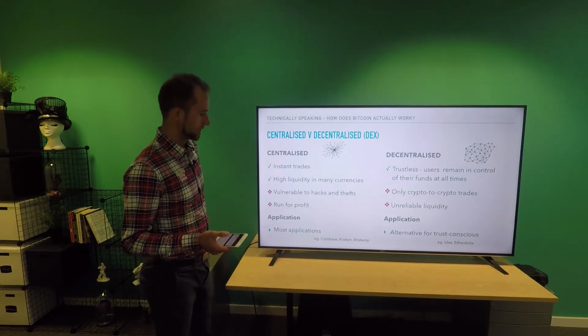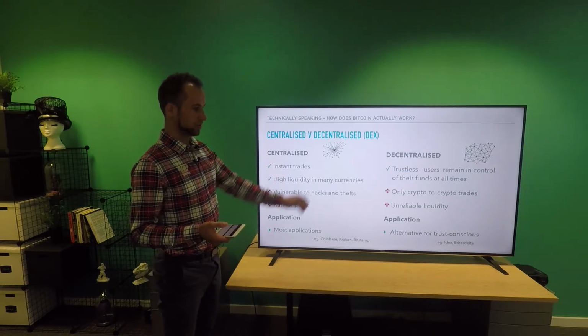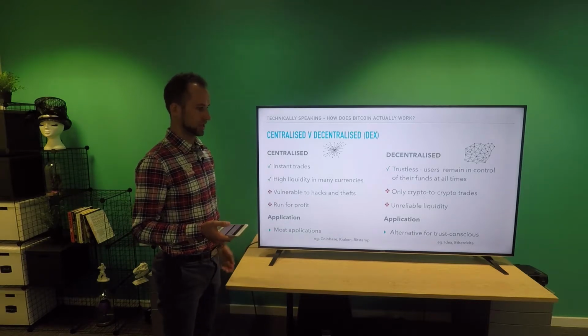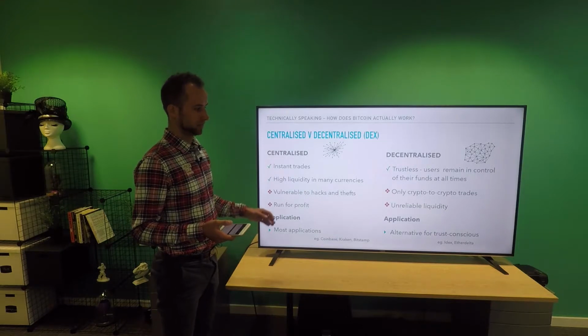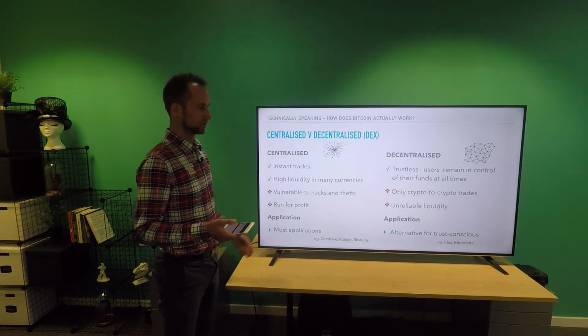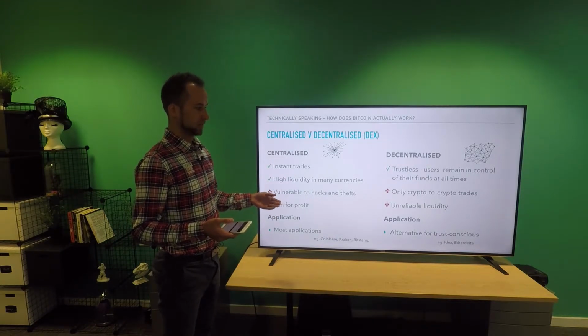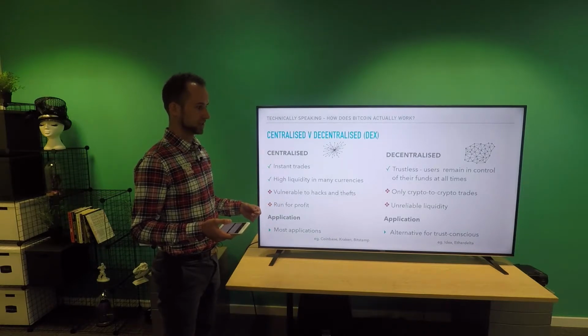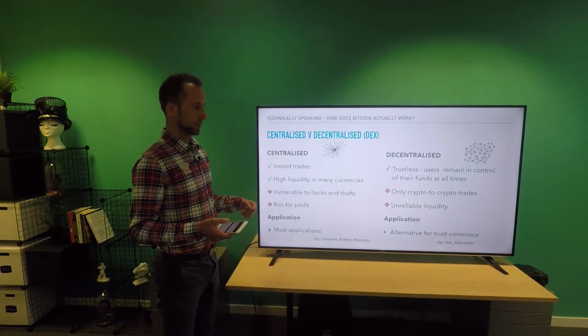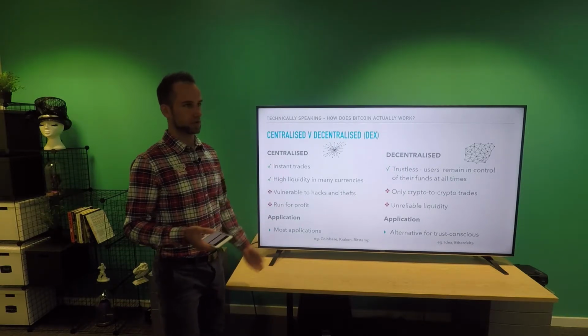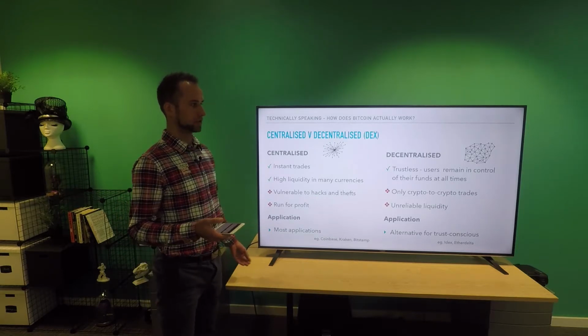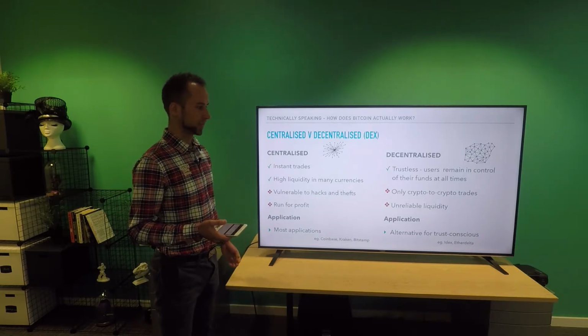Again, most applications, unless you are trust conscious and you don't want to trust this centralized third party, then you can try and do decentralized. I'm saying that because the decentralized ones still pose a lot of limitations. For example, only crypto to crypto, unreliable liquidity. There are only a few products out there that allow you to trade in a decentralized way.